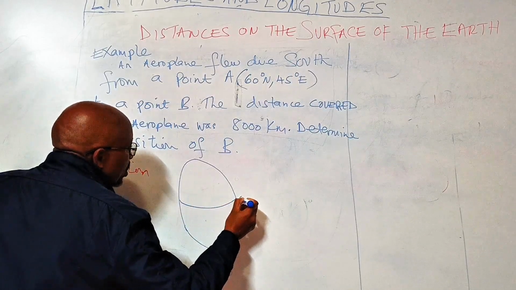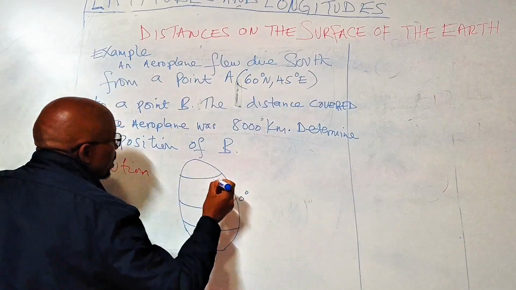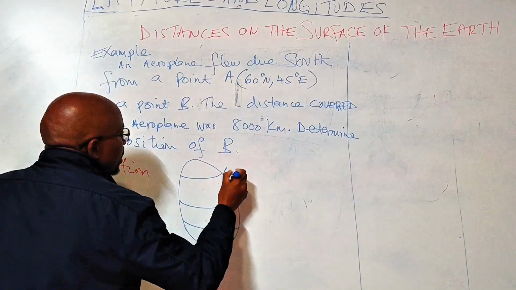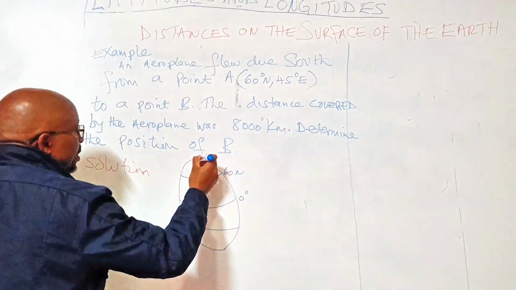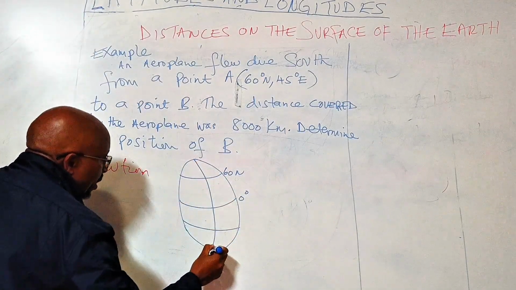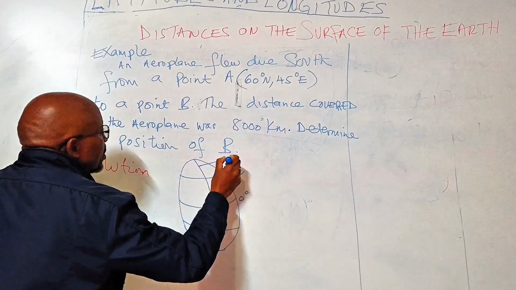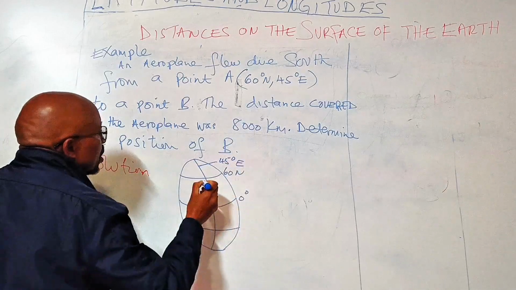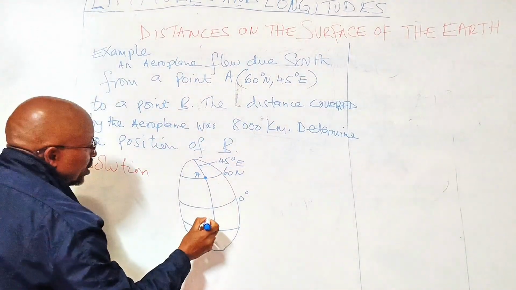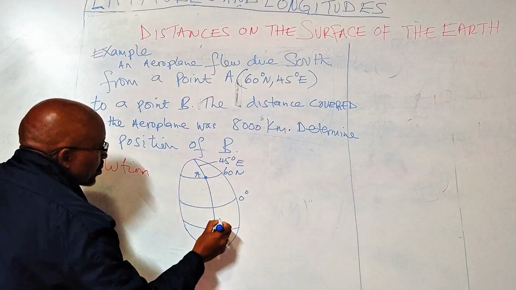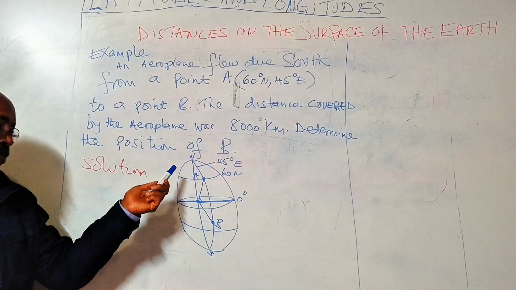We have the equator, which is 0 degrees. We have point A, which is 60 degrees north of the equator, and it is on the longitude 45 degrees east. So this is our point A. If flew to point B, the plane flew due south.